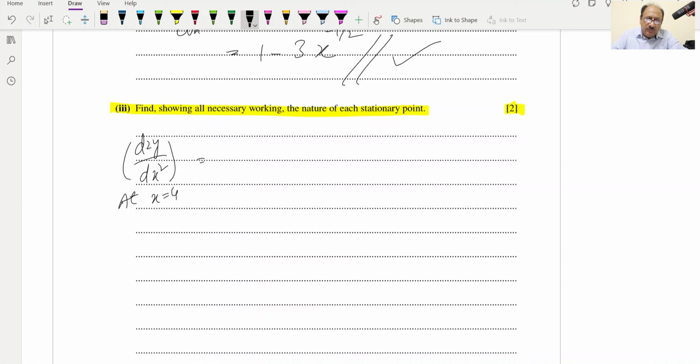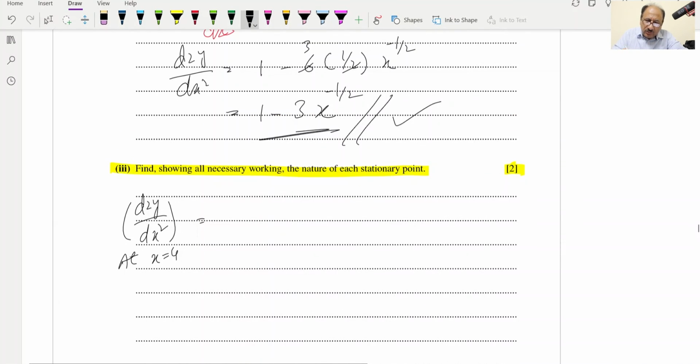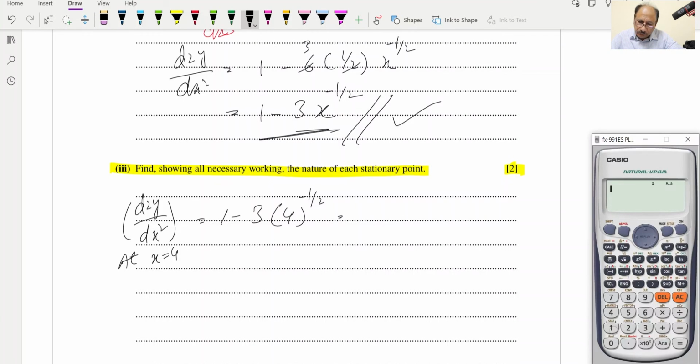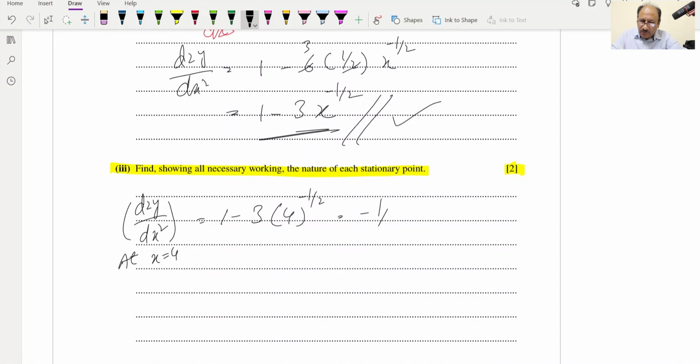We will replace it in the second order derivative we just found, so 1 minus 3 into 4 raised to minus 1 by 2, and this will be equal to 1 minus 3 over 2, which is minus 1 by 2. We can see this is negative, less than 0, so it will be a maximum.